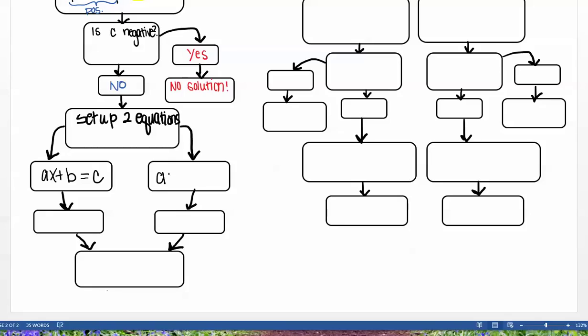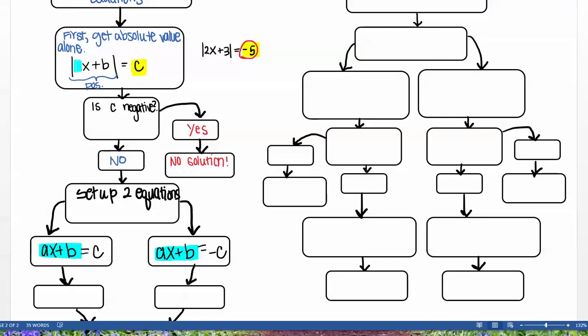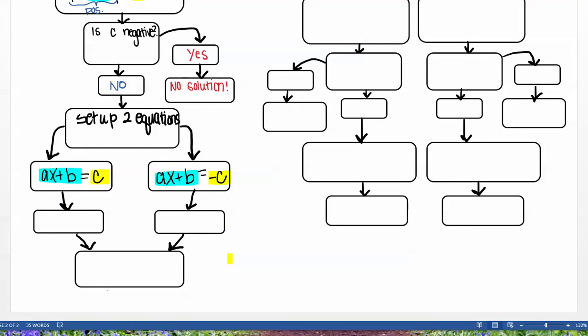And then ax plus b is equal to negative c. Okay, so you have the stuff that's inside of the absolute value. Notice I did not write any absolute value signs anymore. It's just the inside. And then the c, and then a negative version of the c. It's really important that you solve two equations, not just one. All right, so then you solve each one.